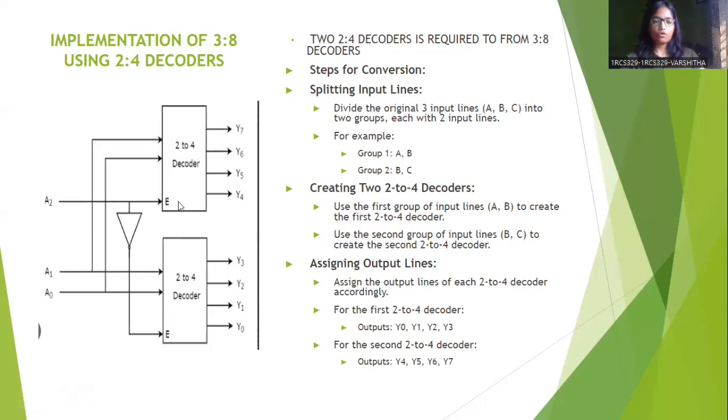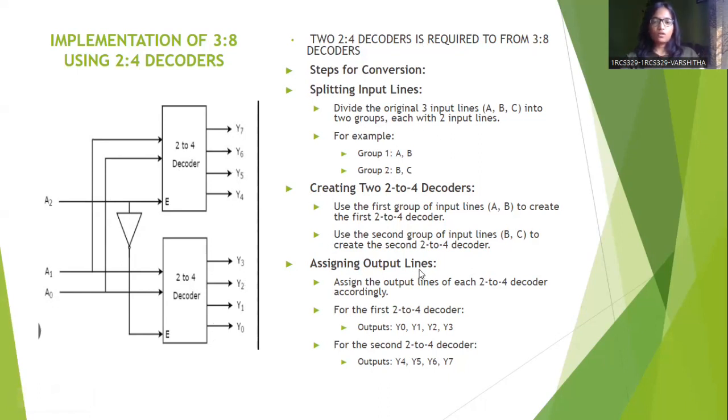The outputs of the second decoder would be Y4, Y5, Y6, Y7. This is the enable input of the second 2 to 4 decoder, and when we connect this enable input with the help of an inverter, it becomes the enable input for the first 2 to 4 decoder.